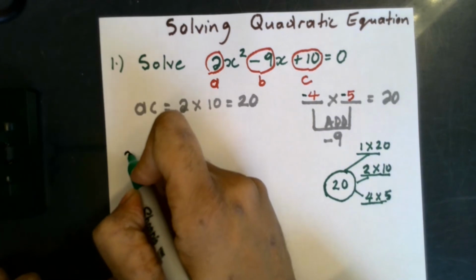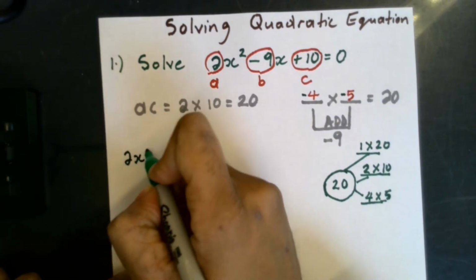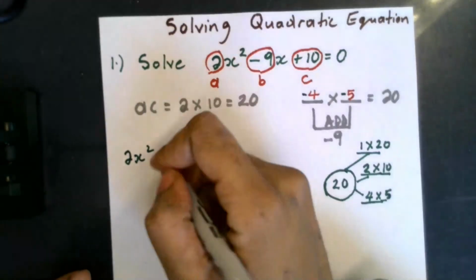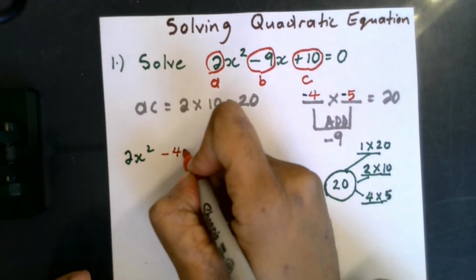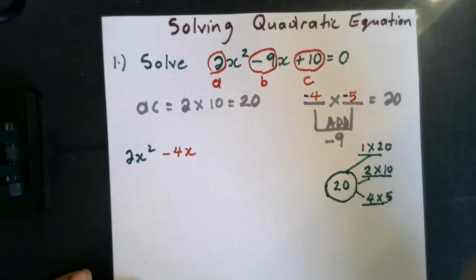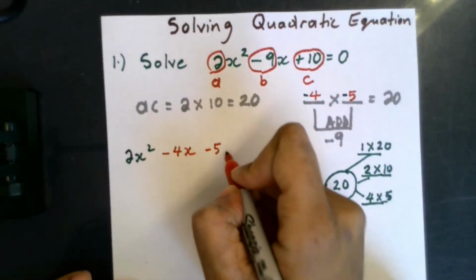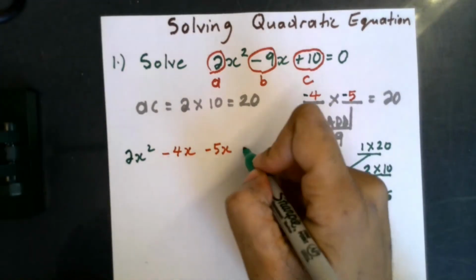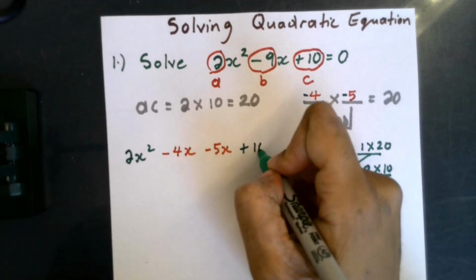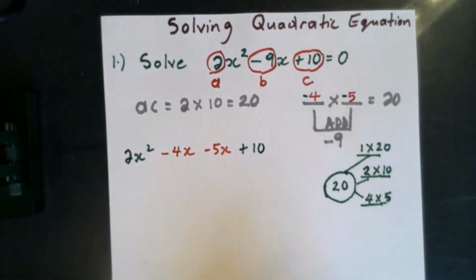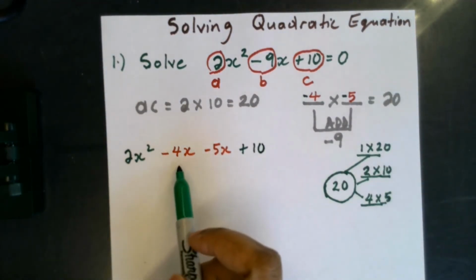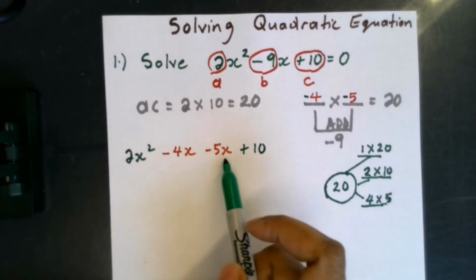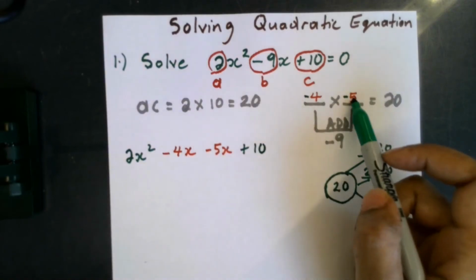So that's 2x squared minus 4x minus 5x plus 10. All right. So the negative 4x is related to negative 4, or negative 5x is related to negative 5. All right.